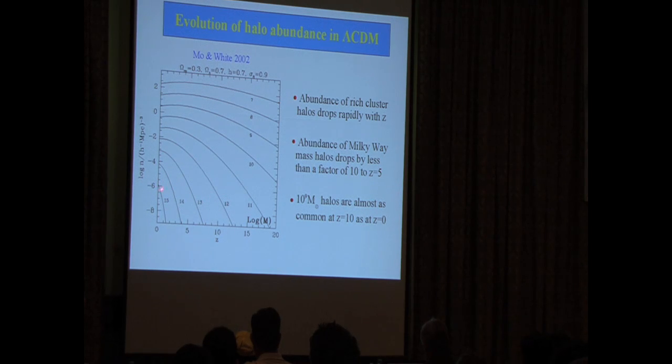And so it will depend on whether we have dark energy or not, on which kind of dark energy we have. If you take Milky Ways, actually from 0 to 3 barely changes. So you can't do the same test using Milky Way halos. It won't work. If you go to 10 to the 7 solar mass halos, there's almost no change out to redshift 20 in their abundance.